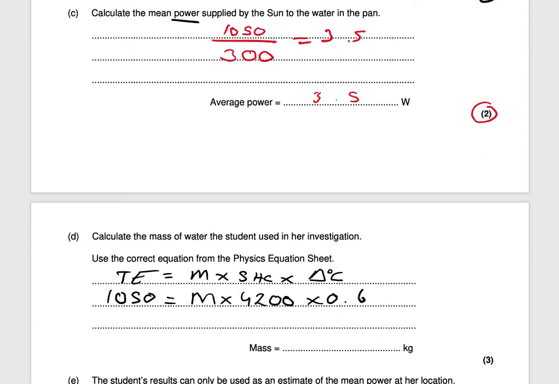So that's what we're going to do. To get mass by itself, because this is essentially what we want to work out, we're going to divide by 4200 multiplied by 0.6 on both sides.